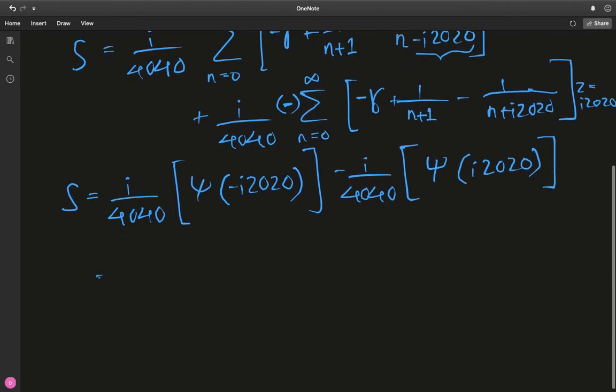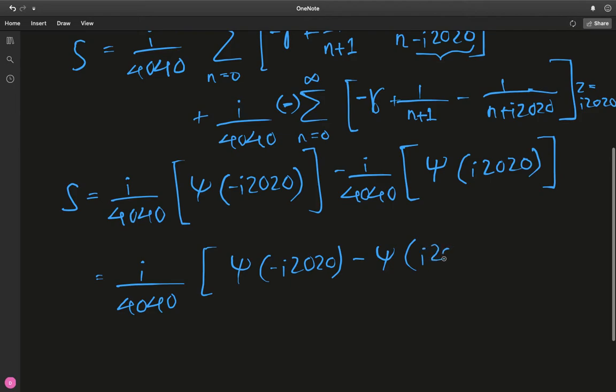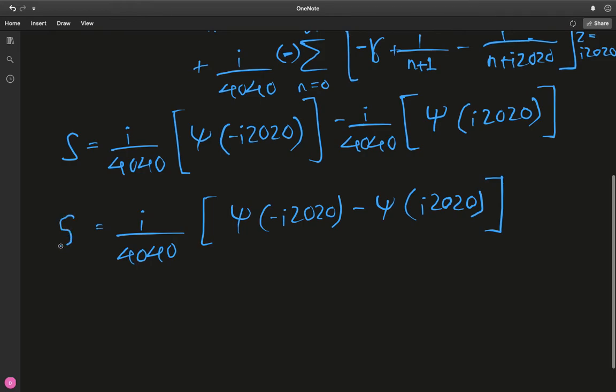And now we can actually take some terms common, like this factor of i over 4040, and then we'll have the digamma of negative i times 2020 minus the digamma of i times 2020, and that's it. So we've successfully converted our sum into some known functions.